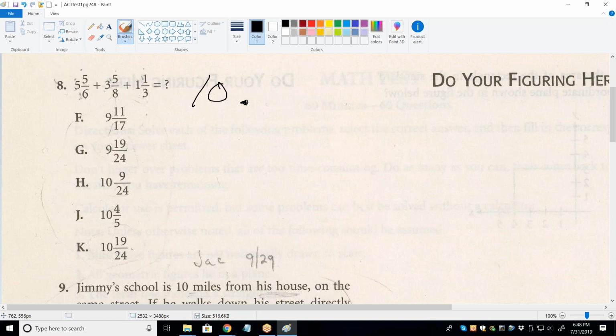All right. Let's talk about adding fractions. Okay. First of all, we don't need to include these numbers. We know those numbers add to 9, right? So the only thing we need to do is figure out this.